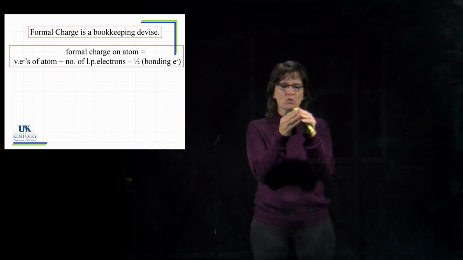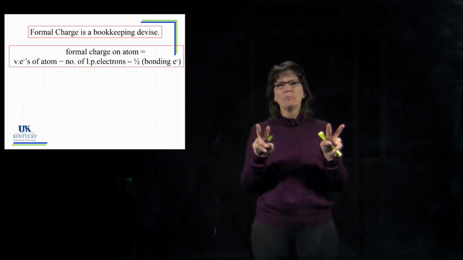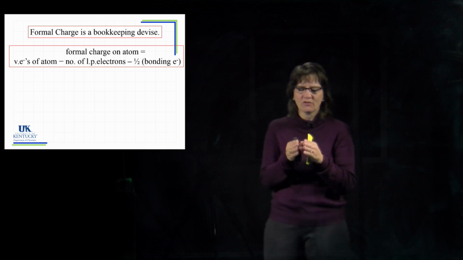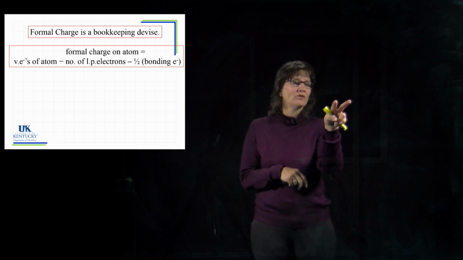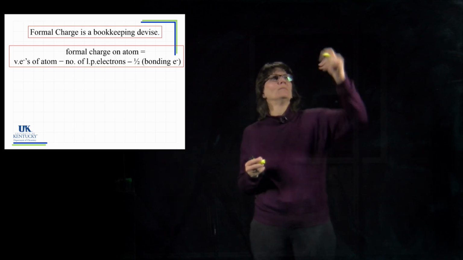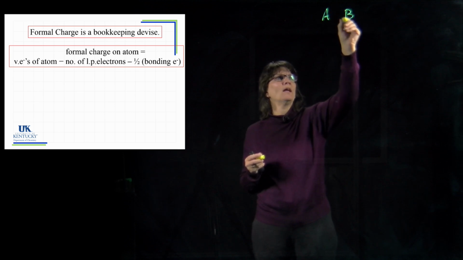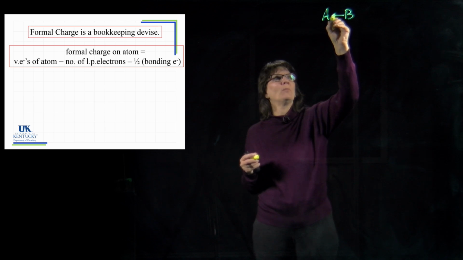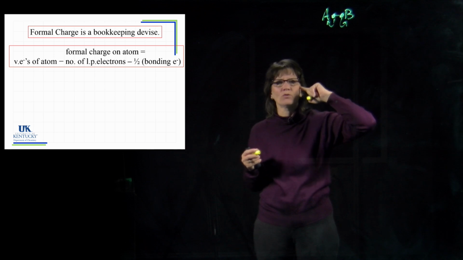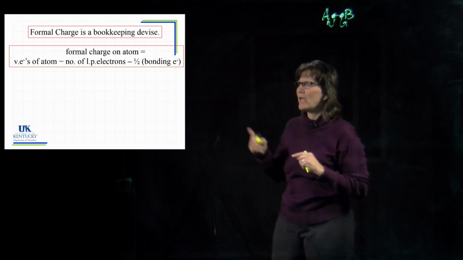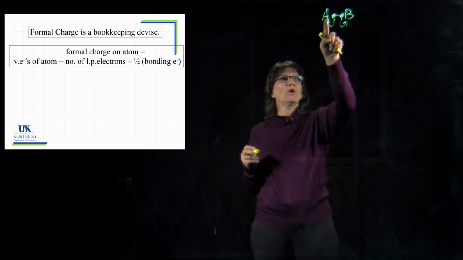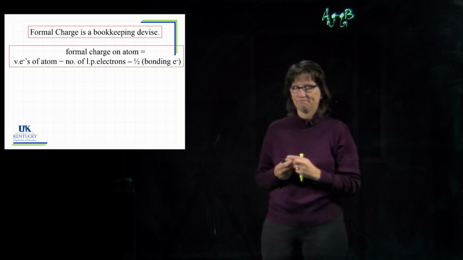Lone pairs count toward that atom, and bonded pairs only count one per bond for each atom. Let me show what I mean. I have two atoms, and they are sharing these electrons. I'll draw them like this. These are two electrons, right? This one counts towards this atom, and this one counts towards that atom. That's what I mean by counting lone pairs and one half the bonded electrons. So you only get one going to this atom and one going to that atom.